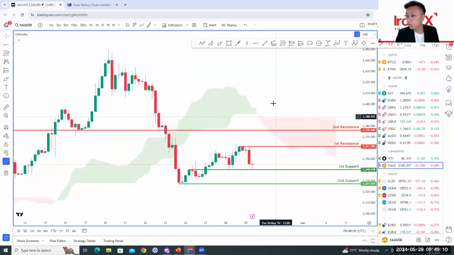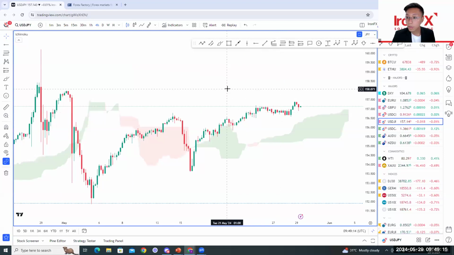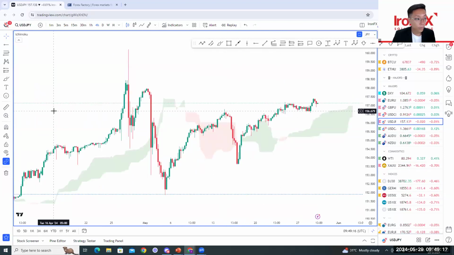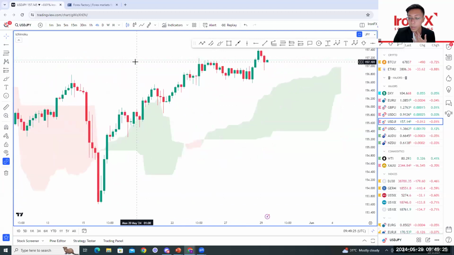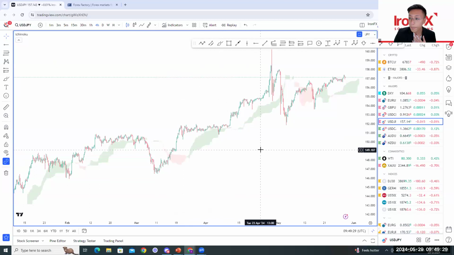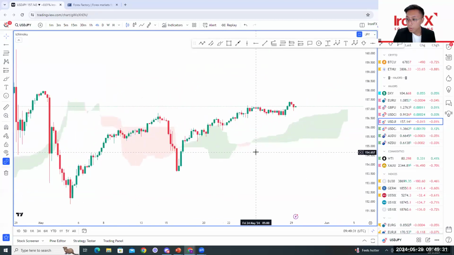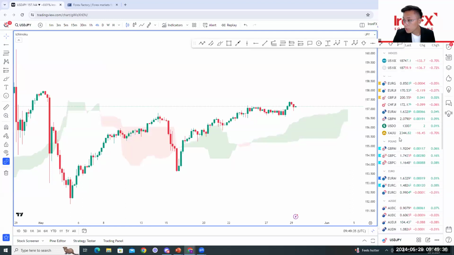So let's go through USD JPY. Scarlet, for USD JPY, for myself, USD JPY is not looking very ideal right now, because let me take a look at GBP JPY.